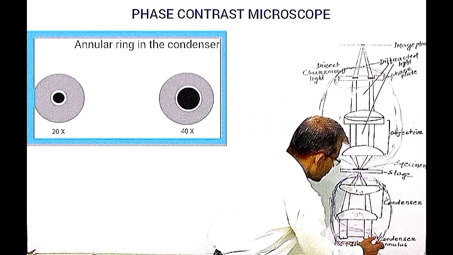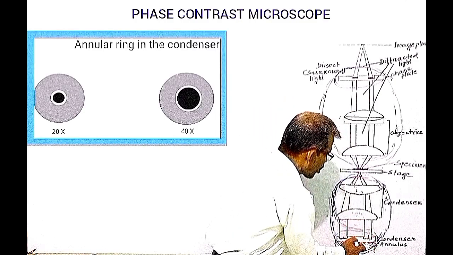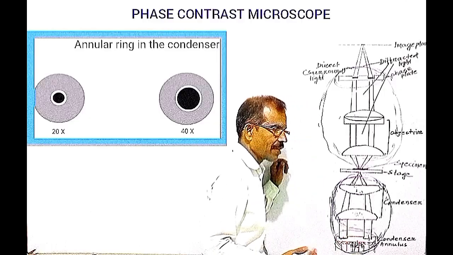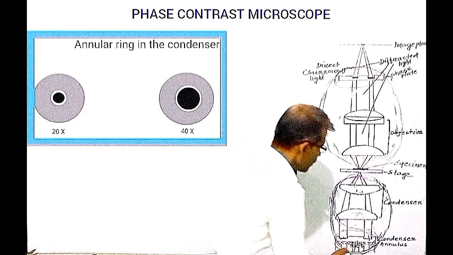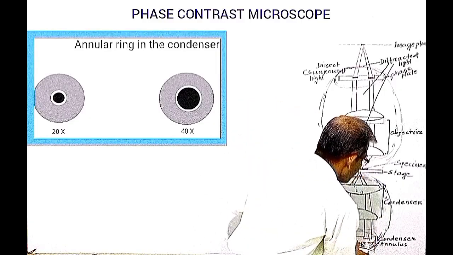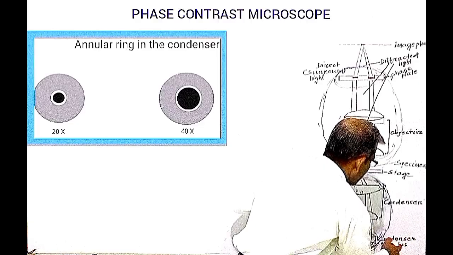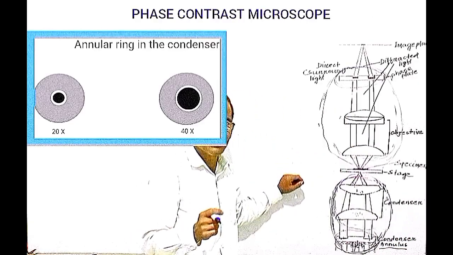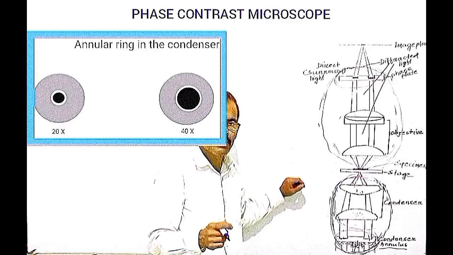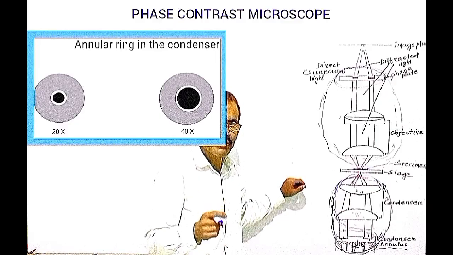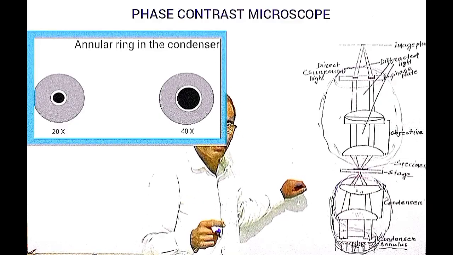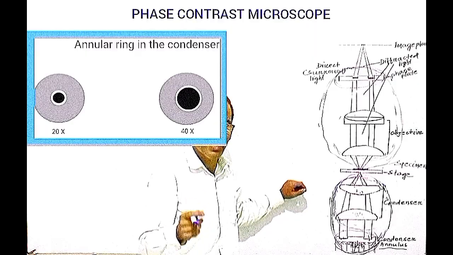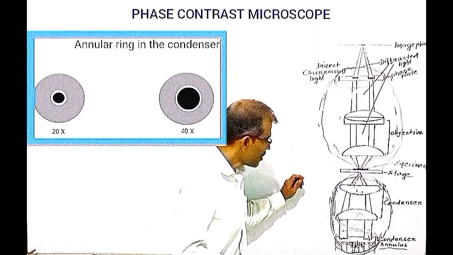This diaphragm is located at the front focal plane of the condenser lens. The annular diaphragm, which is also known as condenser annulus or phase annulus, is an opaque, flat, black, and light-absorbing plate containing a transparent annular ring.